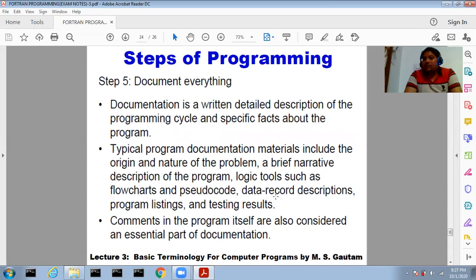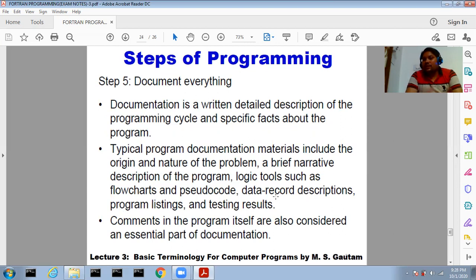A typical program documentation includes the origin and nature of the problem. It includes the flowcharts, pseudocode, input variables, output variables, and the sequence of the program.